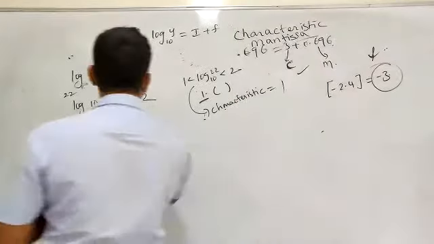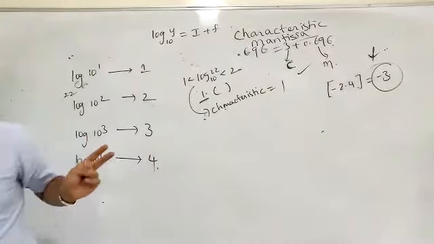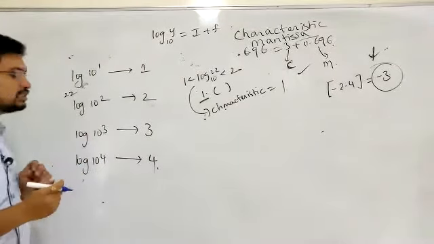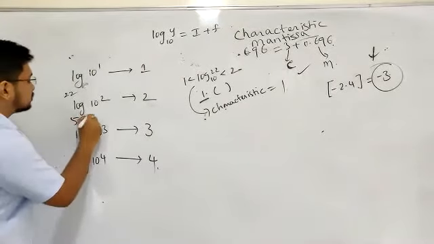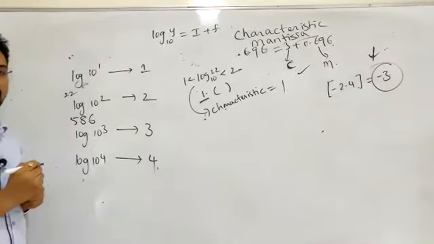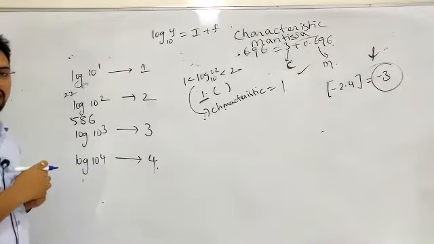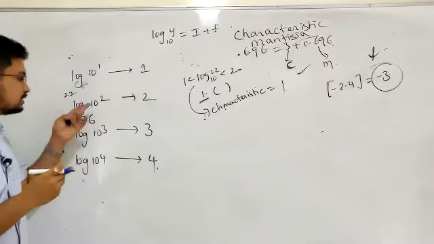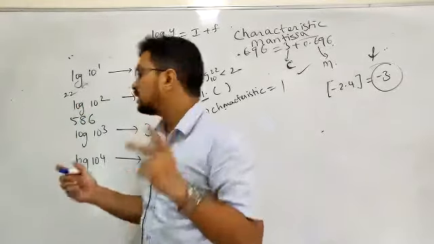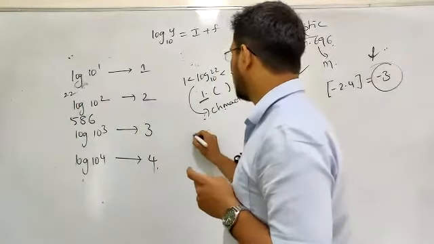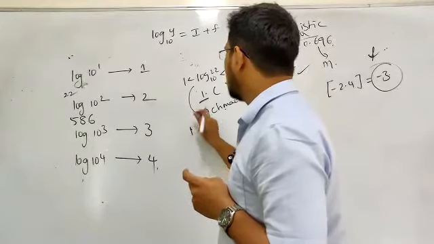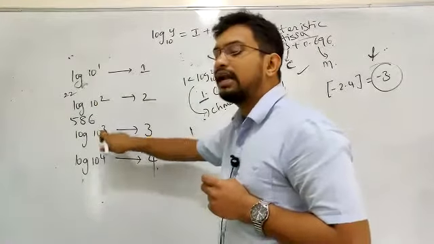Similarly, if I take a three-digit number, listen carefully, let's say 586, this three-digit number will be lying between 100 and 1000.